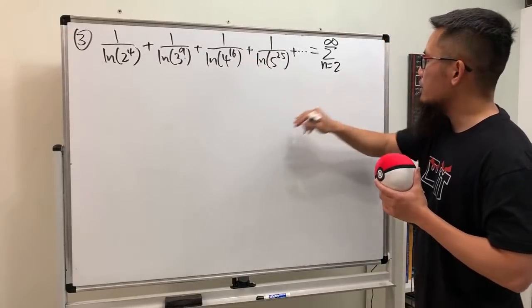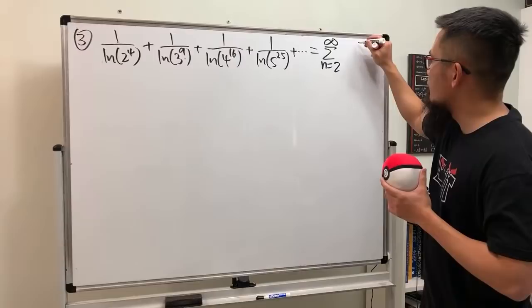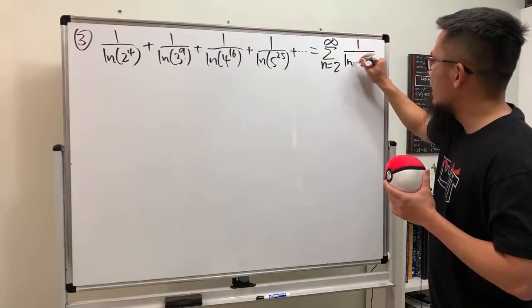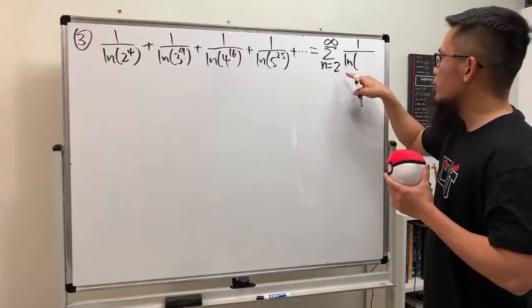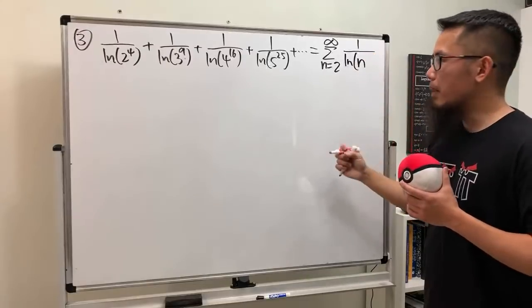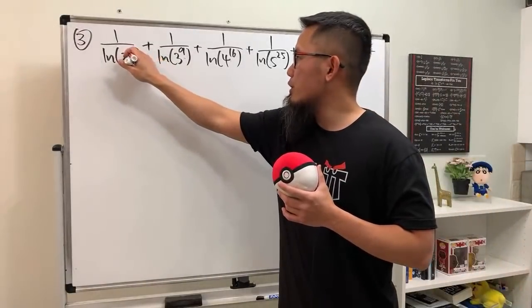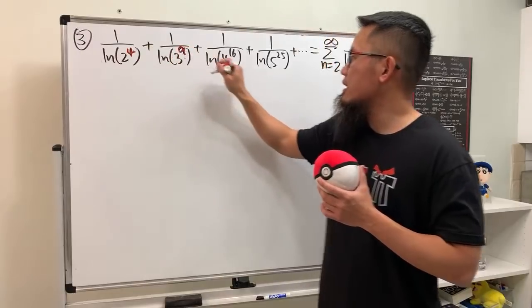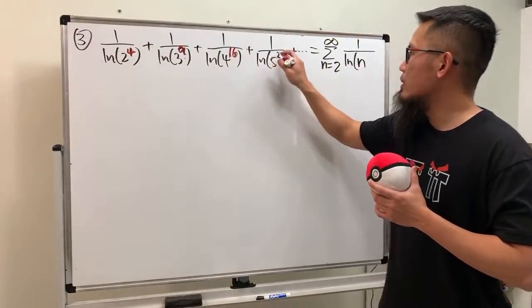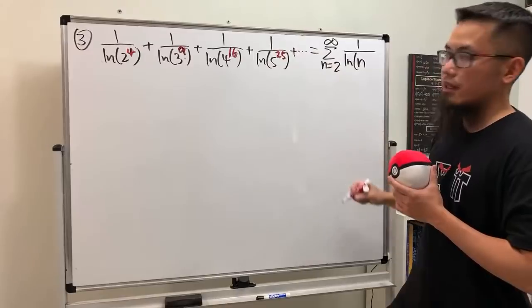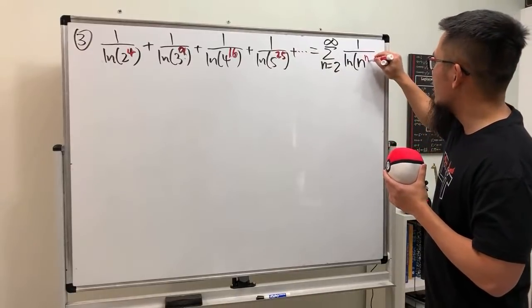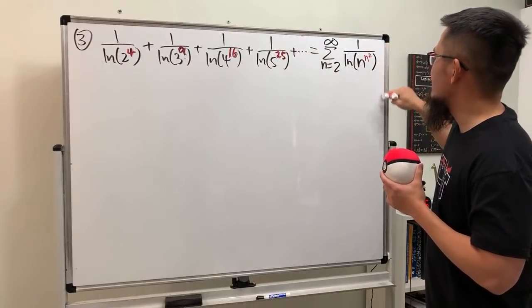So the deal is that if we start with 2, then the formula is 1 over ln, and the base is just n. But the power, again, if you look at 4, 9, 16, 25, they are just going to be n squared, isn't it?